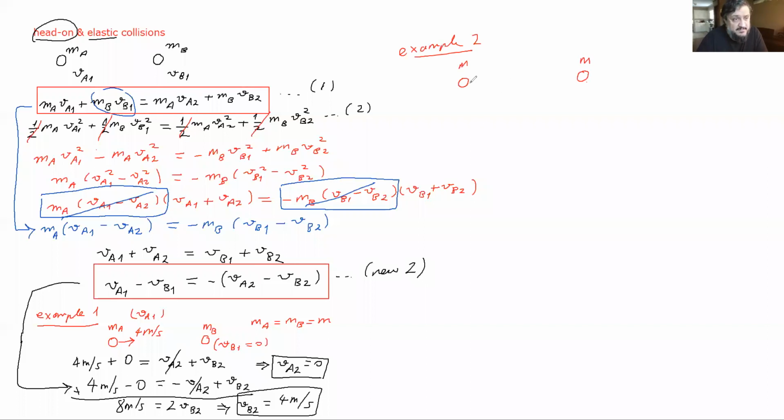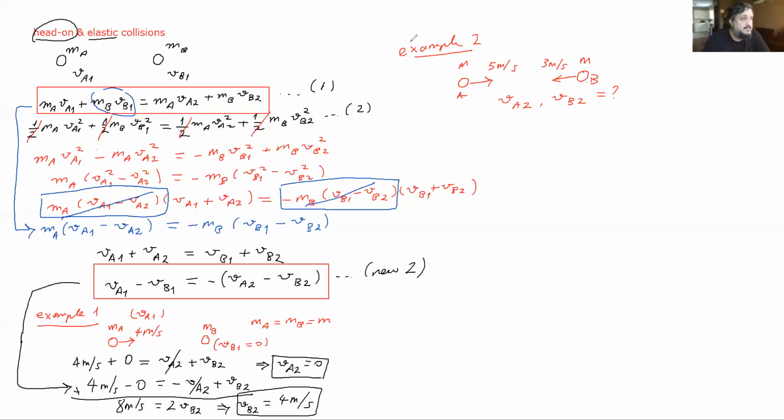Now this is moving with, let's say, 5 meters per second, and this one, let it move to the left with a speed equal to 3 meters per second. What are VA2 and VB2? Same problem, but now the second ball is not stationary, it's moving to the left with a speed equal to 3 meters per second.